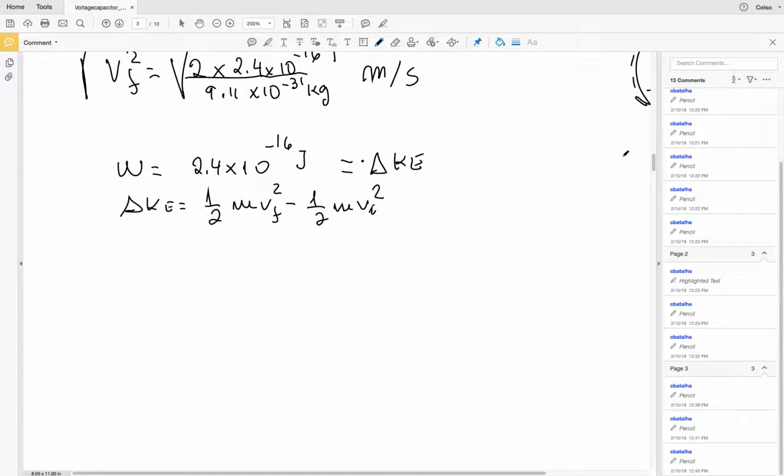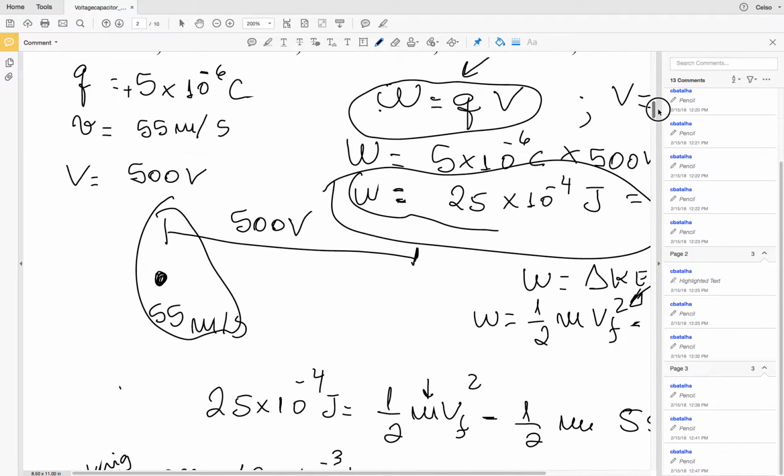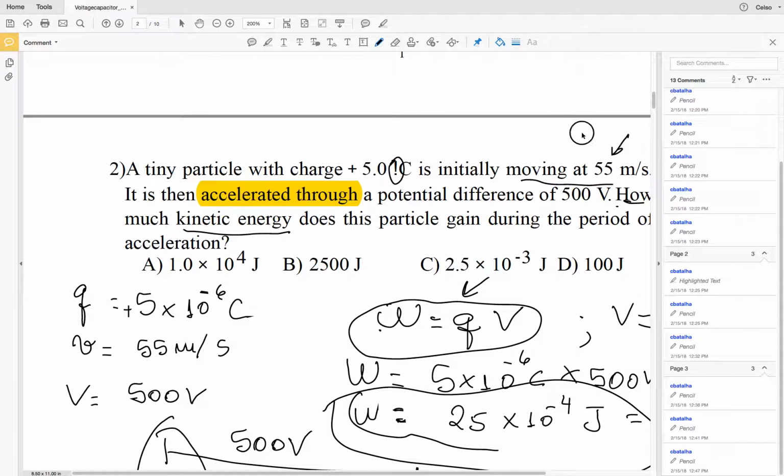Tom, is that right? I'm good up to now, but you don't have an initial velocity, do you? We do. In the previous problem, you have 55. So if I am an evil person in the exam and I ask you what is the final speed, knowing the initial speed was 55, you cannot put 0 as the initial speed.